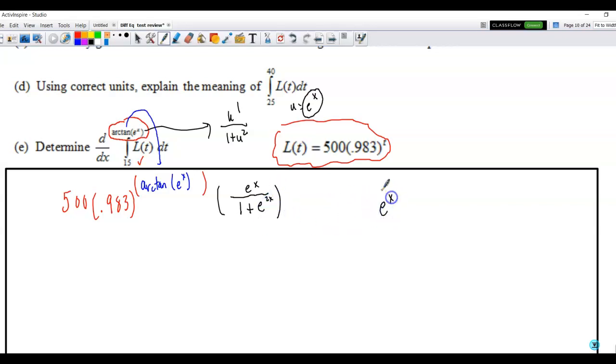Remember, e to the x squared, when you have a power to a power, you multiply the powers. Now, if you had written, just like I did here in parentheses, e to the x parentheses squared, and you left that, that would be okay too. That would be an acceptable answer. But that is the derivative of the definite integral.